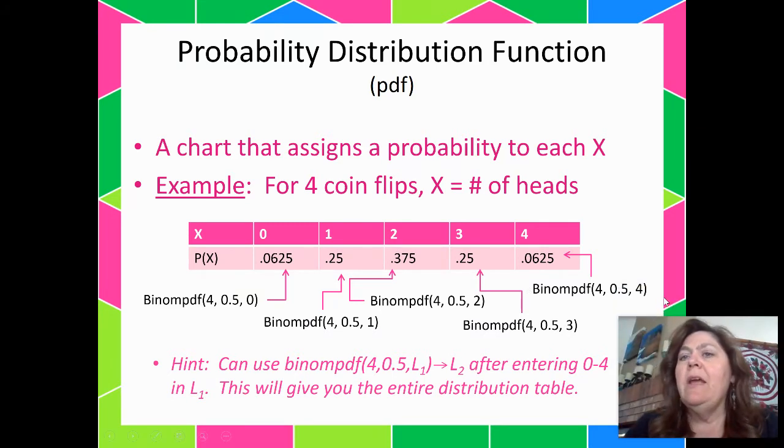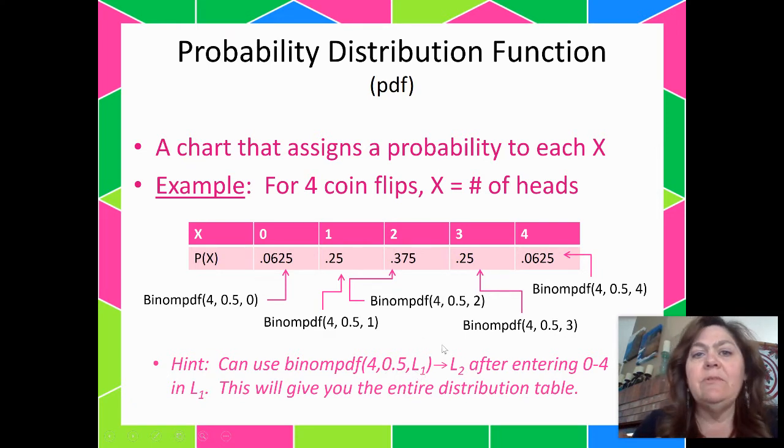All right. So here's what's really cool that I was talking about earlier. You can use the binomPDF command, put in here your N, your P, and then you could tell it to take the numbers from list 1. So if you go to your list 1 and put in 0, 1, 2, 3, 4, then it'll run this binomPDF.